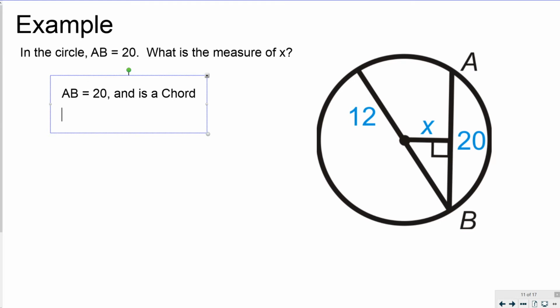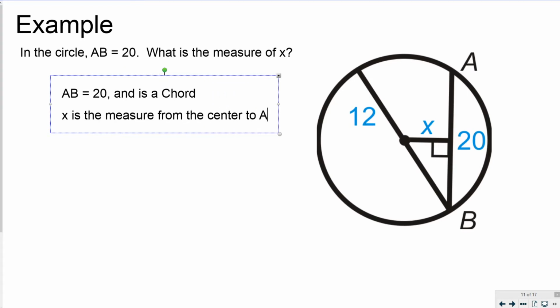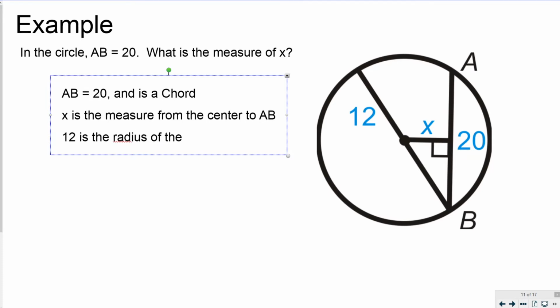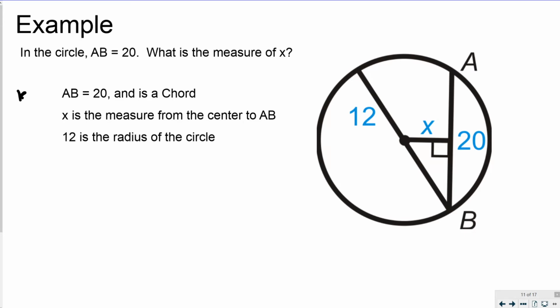I know that X is the measure from the center to AB. And it's not explicitly stated, but I can infer from the picture that 12 is the radius of the circle. So, these are things that I know.